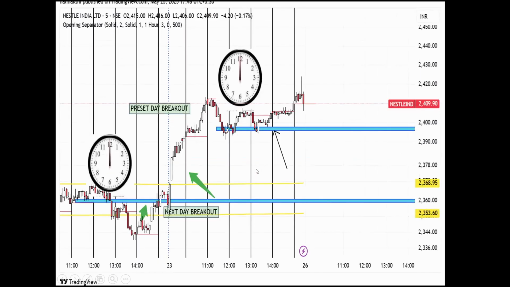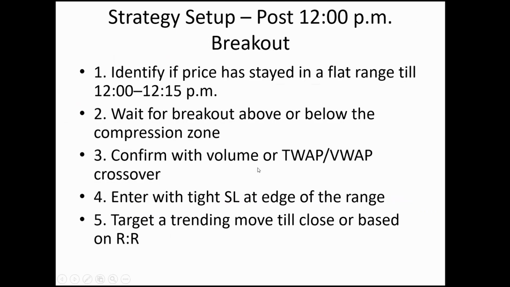And here, this is the example of Nestle India. On the previous day, you can notice around 12 p.m. price went sideways and it broke above the next day after 12 p.m. It was an explosive move. And even on the present day, it moved above the 12 p.m. level. So 12 p.m. is a very, very important price breakout point you can observe in the market.